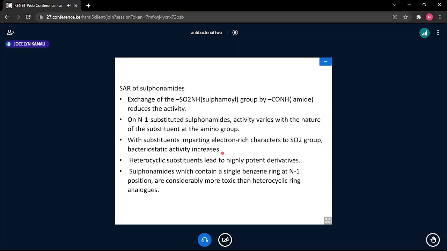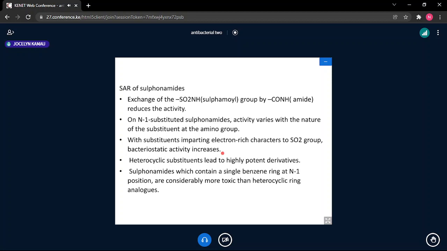All we are saying here, this electron-rich character is what I've said, that the heteroatoms on the heterocyclic ring have lone pairs of electrons, and because they have lone pairs of electrons, they can stabilize the anion that is formed through resonance.